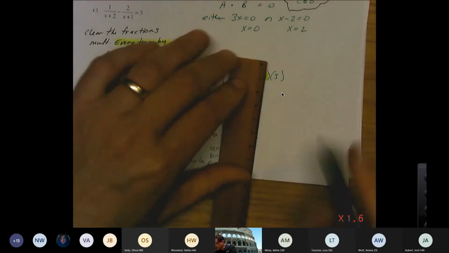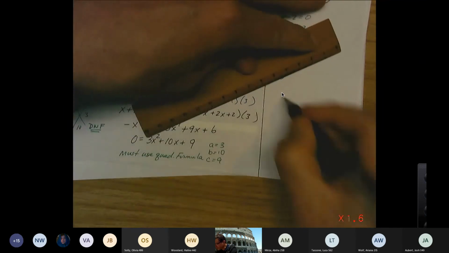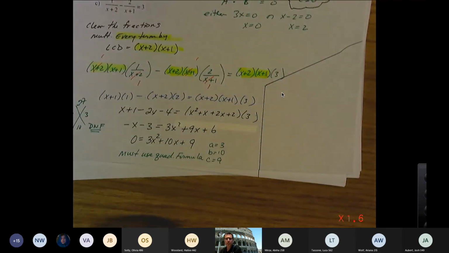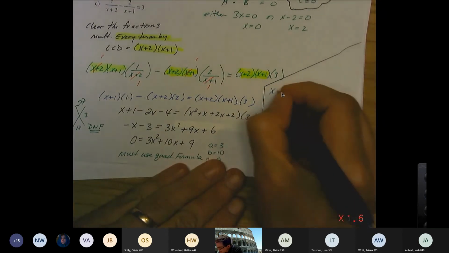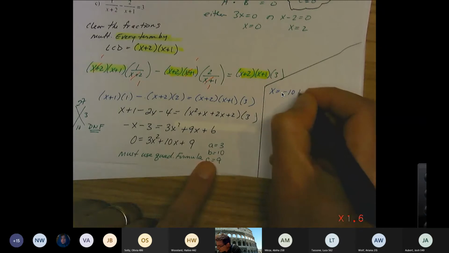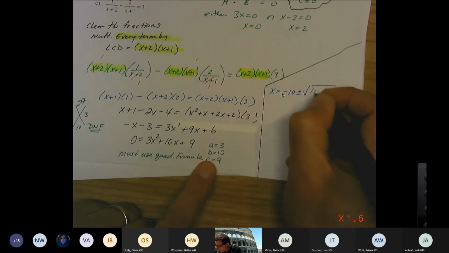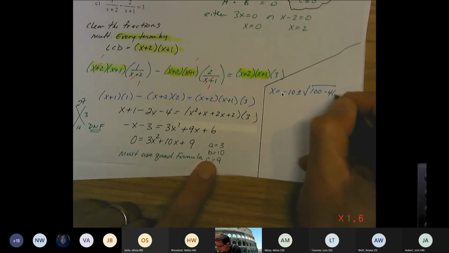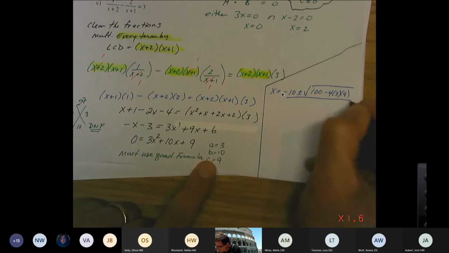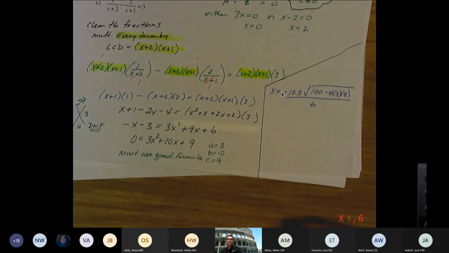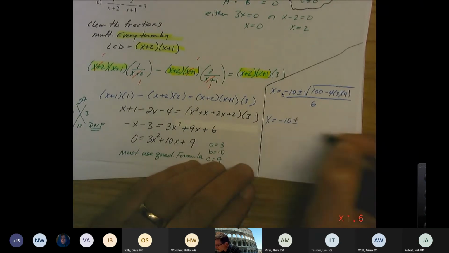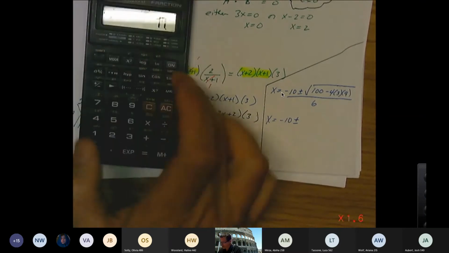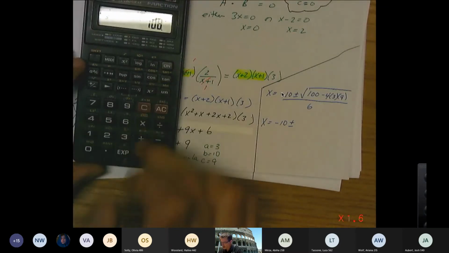I'm going to put a little line down here so I have some room to work. So using the quadratic formula, it's going to be x equals negative b plus or minus the square root of b squared, 100, minus 4 times A times C, all over top of 2 times A. X is going to equal negative 10 plus or minus, I don't know my multiplication, so it's going to be 4 times 3 times 9, 108.